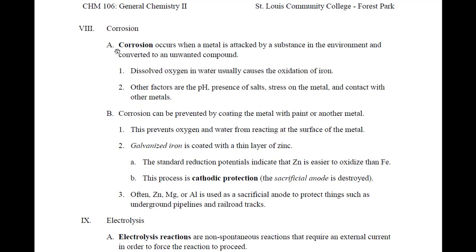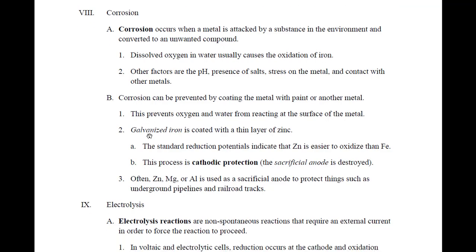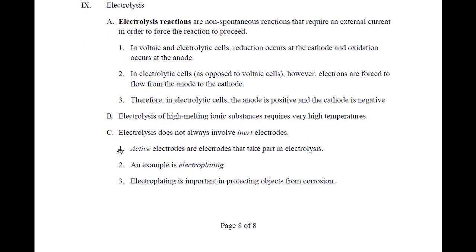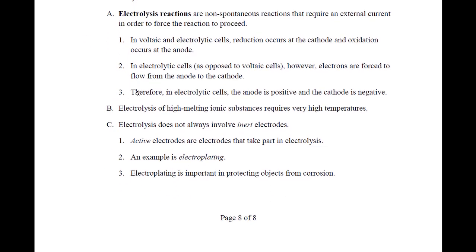And then I've also added a section on corrosion, what it means, and how we can, engineering-wise, help prevent corrosion through galvanic intervention. Okay? And then finally, the last section on electrolysis, what that means and how that works.